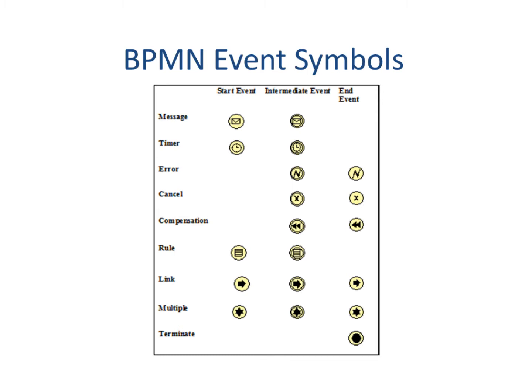For example, an end event cannot be of type message. The start event symbol is drawn using a single thin line and may contain a trigger icon. An intermediate symbol is drawn using a double line and may contain a trigger symbol. The end event symbol is drawn using a bolded line and may contain a trigger icon.